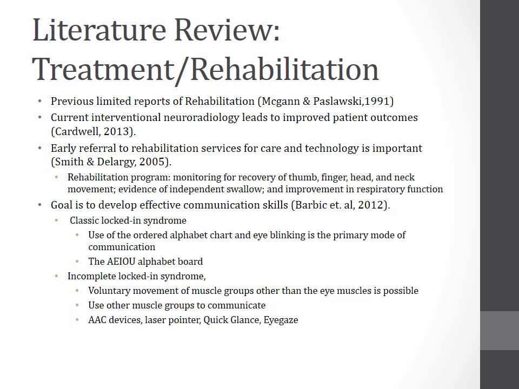Then the assistant calls out letters in the selected colored row. For patients with incomplete locked-in syndrome who have more voluntary movement, they may have the ability to move a digit or even a forehead that may allow the patient to activate a device such as a laser to point to an interactive computer screen. The patient may then be able to use email, write letters, and use voice simulators to communicate and have complex conversation.